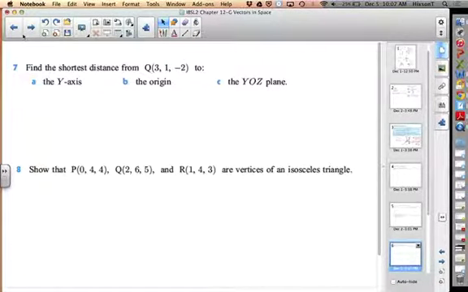For this, number 7, take a look at that. Find the shortest distance from a point to the y-axis. How do we measure the shortest distance from a point to a straight line?